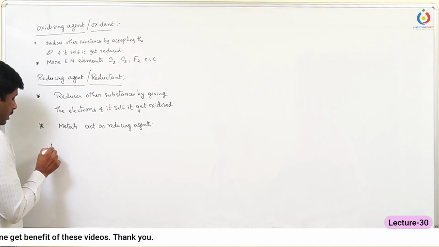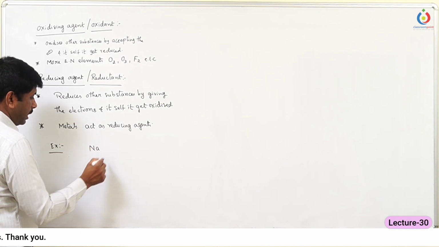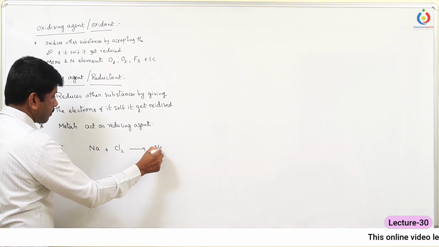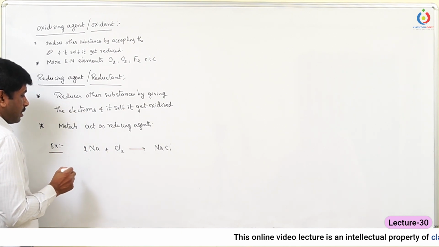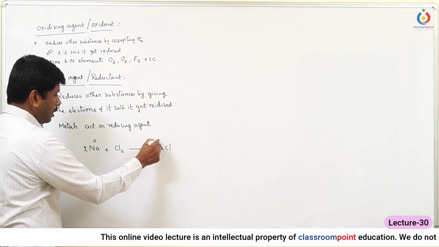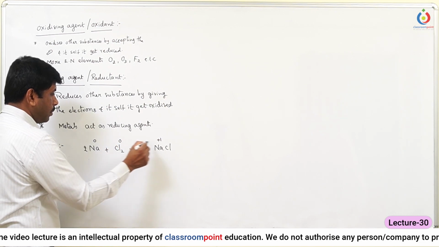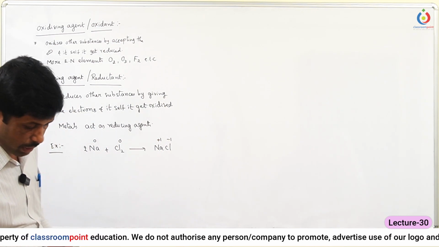So example here is, imagine sodium reacts with chlorine to form NaCl. So in this case, the oxidation state of the elemental sodium is 0, whereas in NaCl it is +1, and chlorine is 0, and here oxidation number of the Cl is -1.